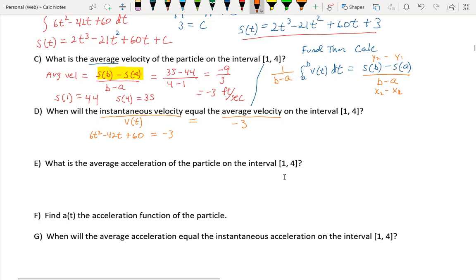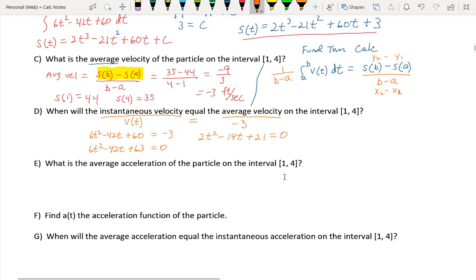Well, to solve this, we're going to add 3. So we get 6t squared minus 42t plus 63 equal to 0, and we need to solve this. We could try factoring this. I'm going to divide everything by 3 here, which gives me 2t squared minus 14t plus 21 equal to 0, and we might be stuck here in terms of trying to factor this.